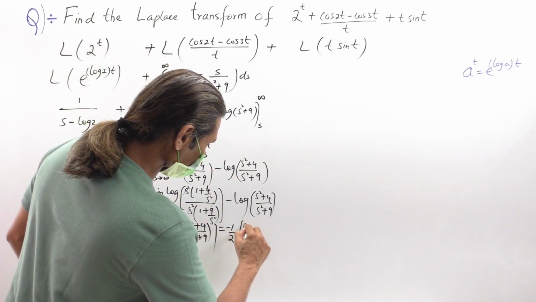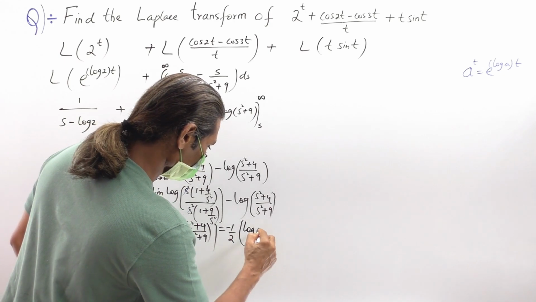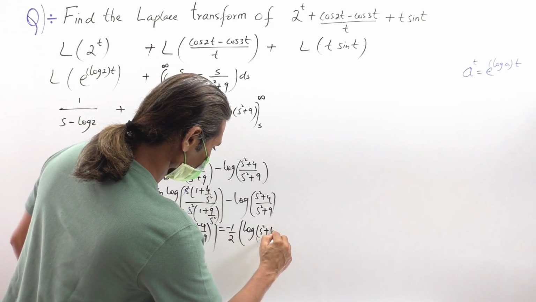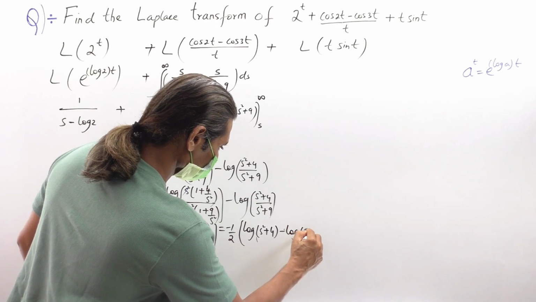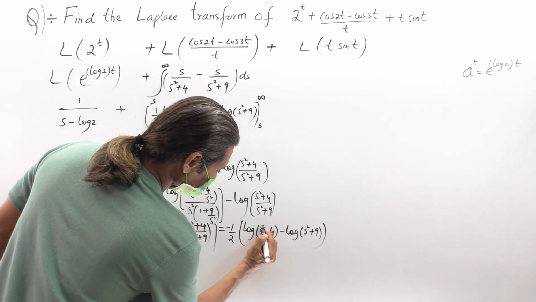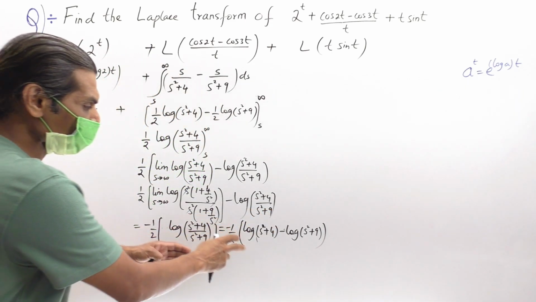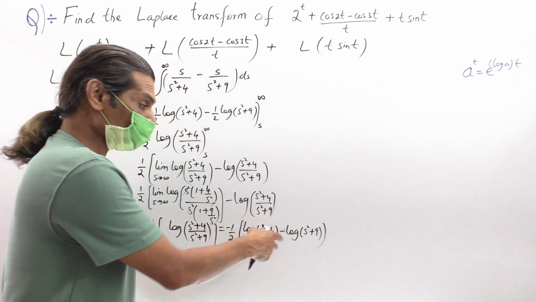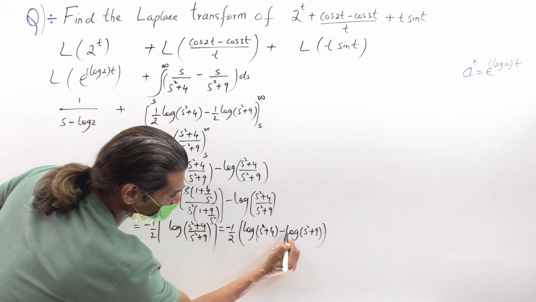Log a by b is log a minus log b. So log of s square plus 4 minus log of s square plus 9. Now if I open the bracket and bring the minus sign inside, minus into minus becomes plus.